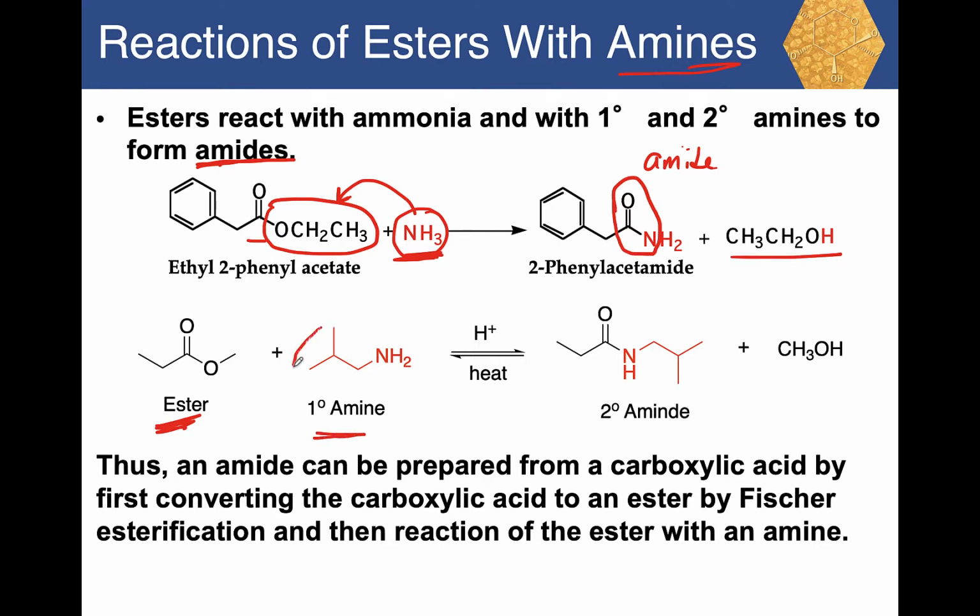So here's the amine. All of that is the amine. Here's the ester. This group will come off as the alcohol, and this nitrogen will bond to that carbon to form a new bond here, and this is the amide bond.